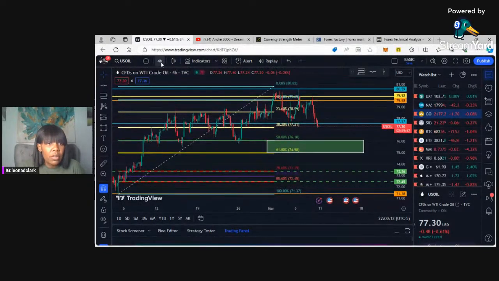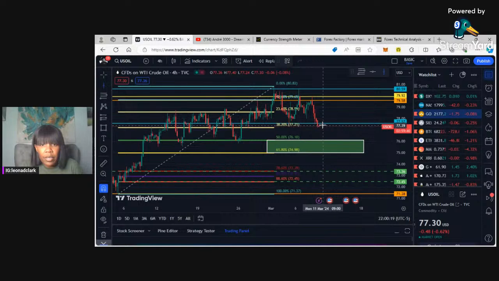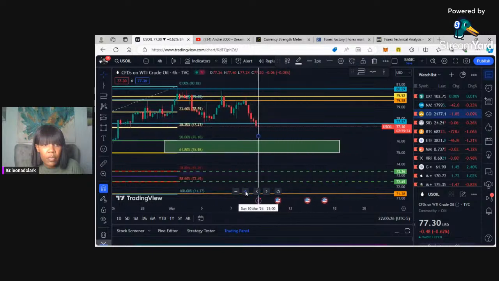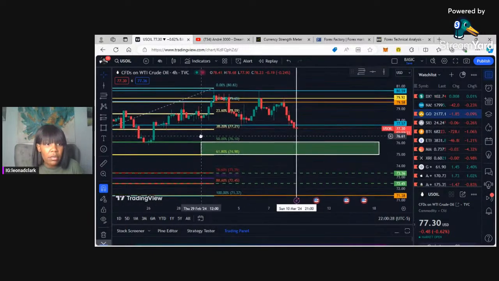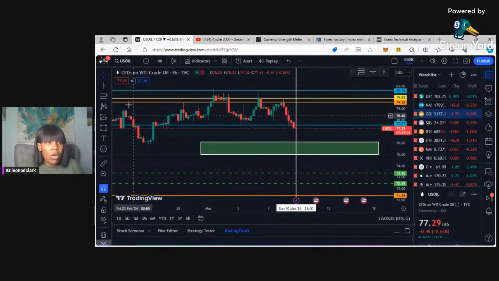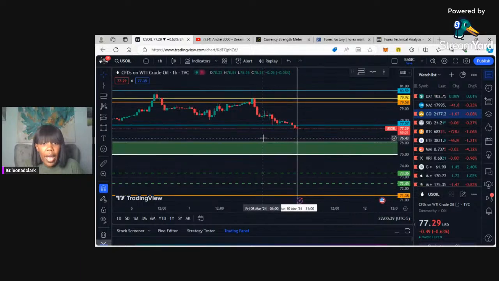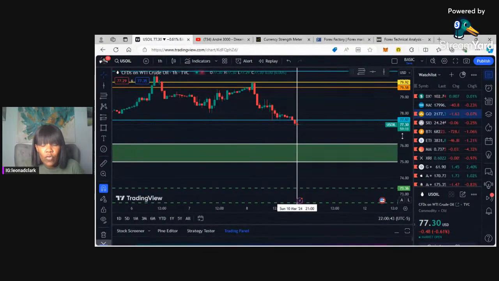However, oops, I didn't do my line. Let's do a line here on the candle. And I'm going to take this fib off now because I already see it. I got everything marked. Okay, so looking at this on an hour, for those of us that trade candlestick patterns, we have missed the move.